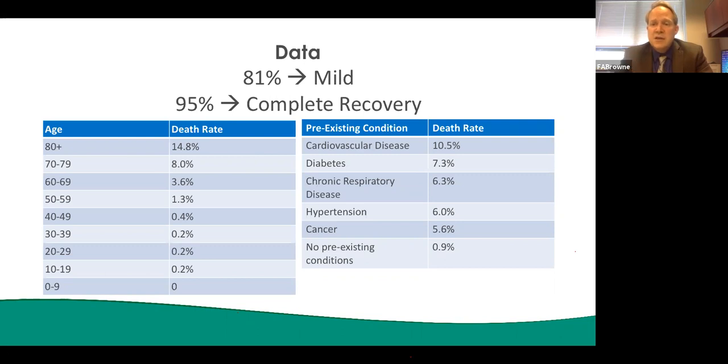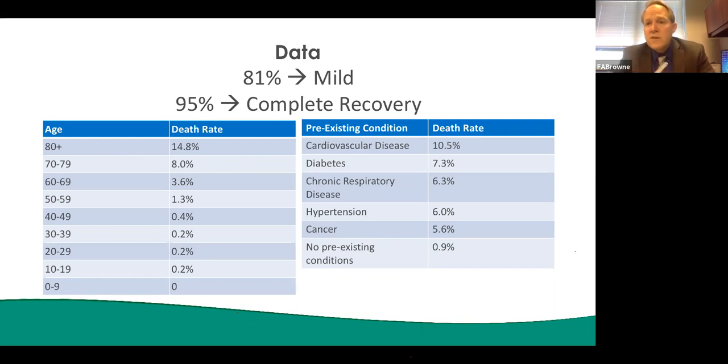In the Italian data, 70% of the mortalities in Italy are males, 30% are female. So it's actually a more male-predominant disease. Males, particularly older males, are at the highest risk for this illness.